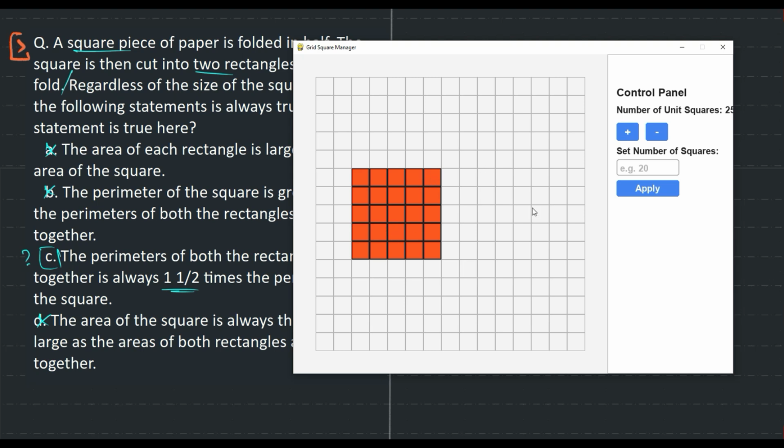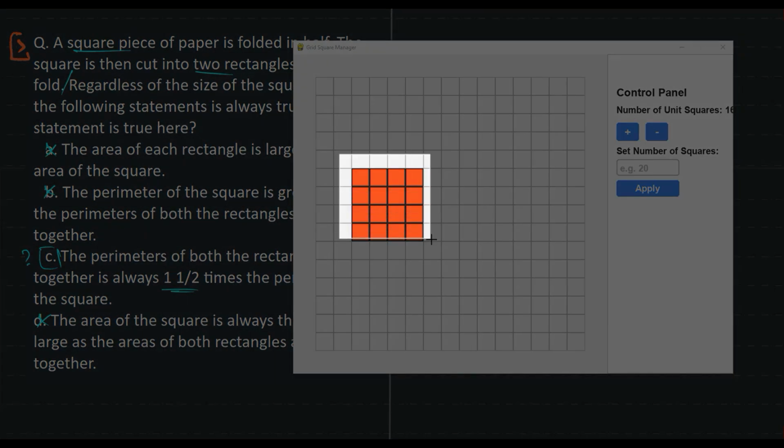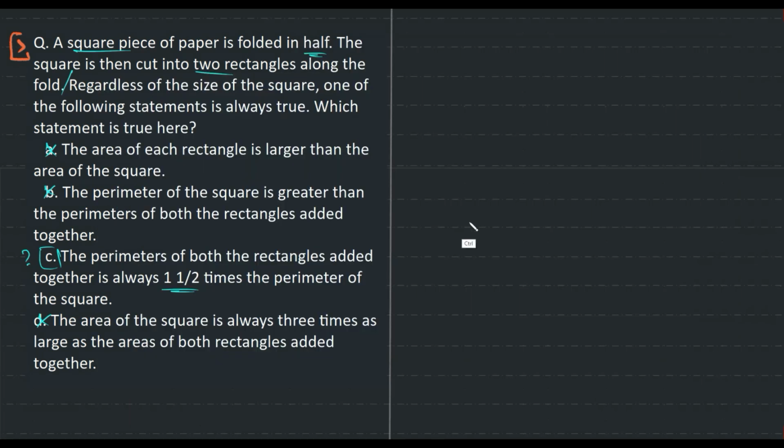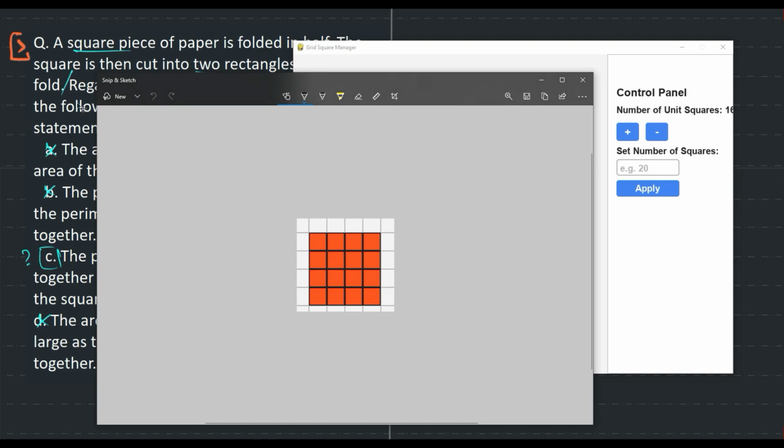Let me reduce this, this is convenient. Yeah, this is your square. So the question is, if I take this up and divide it into half, if I do this, now I have two rectangles.